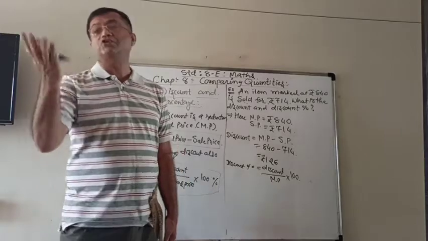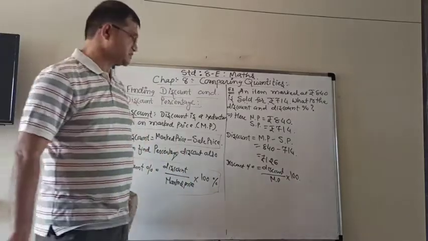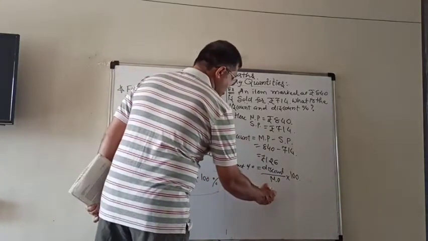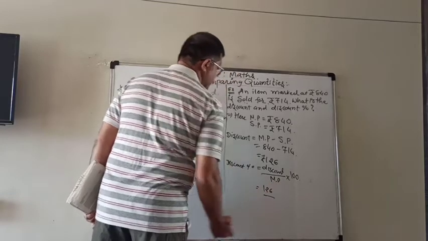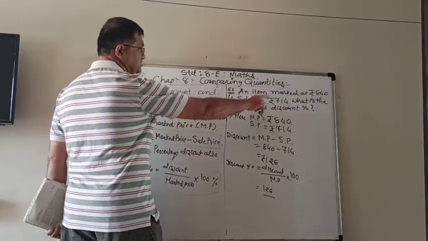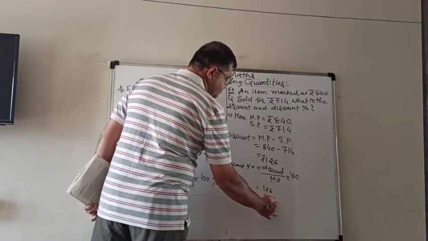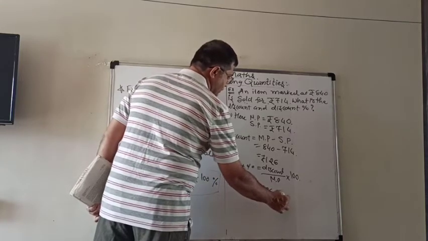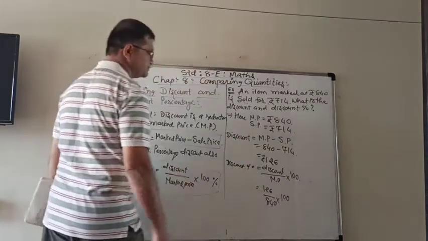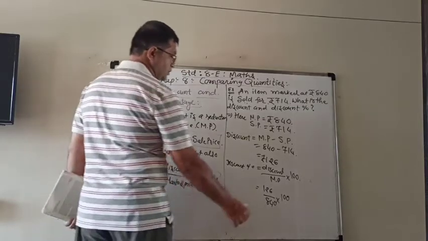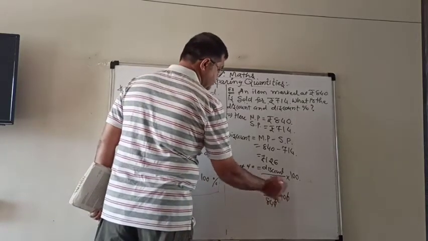Means according to the marked price, the discount is given. So discount is 126 divided by the marked price is 840 and multiplied by 100.